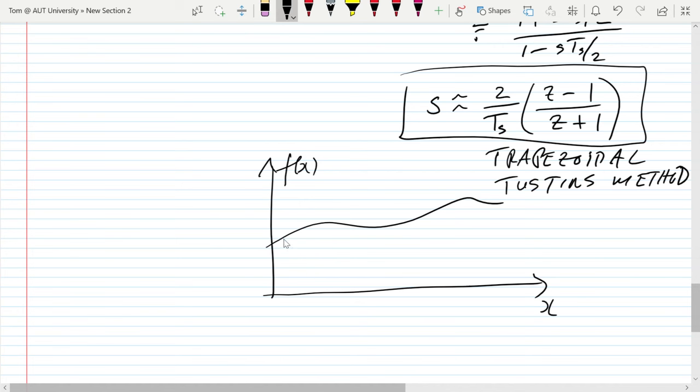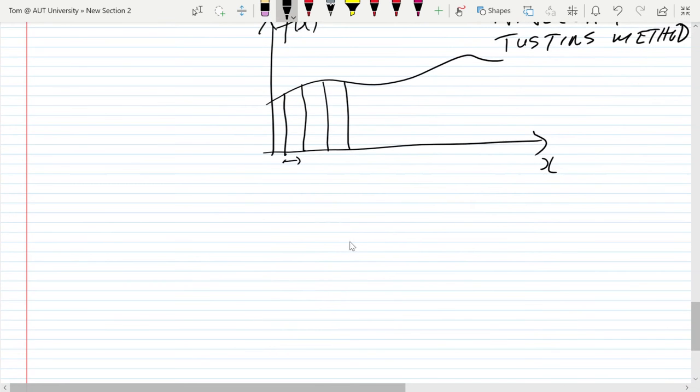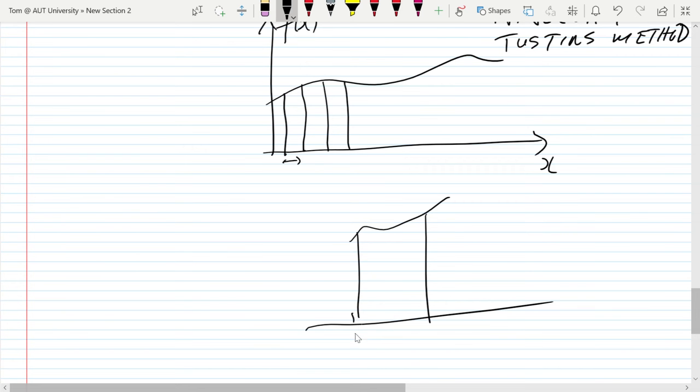I'm just going to divide it up into chunks, and each one of these is like the sampling interval. But if I zoom in on one of them, I've expanded it. So suppose it looks like that. That's my present sample here, and that's my next sample.